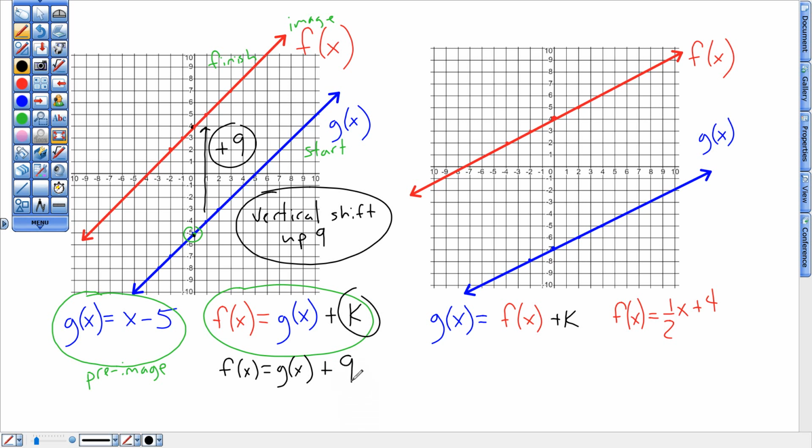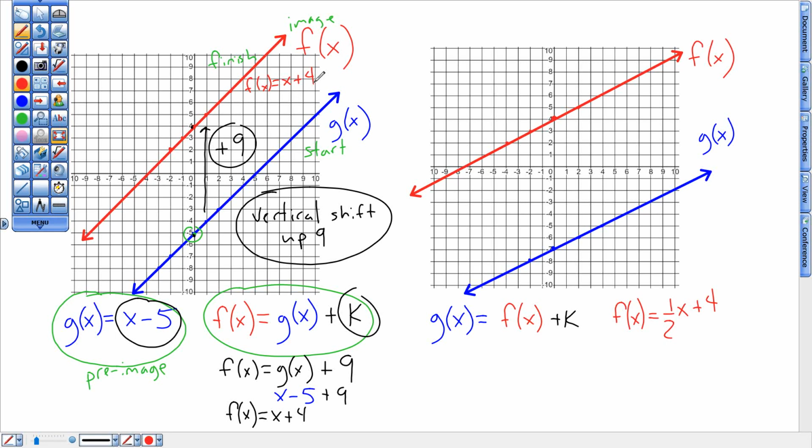And then if a teacher really wanted you to show how you get that new equation for the red one, you could show that you're taking this and plugging that in right here, replacing that for g of x, and of course that -5 and that plus 9 combine to give you the new image's equation, which is x plus 4, that I could see is way up here. This is f of x equals x plus 4. But again, that's all fancy schmancy stuff.